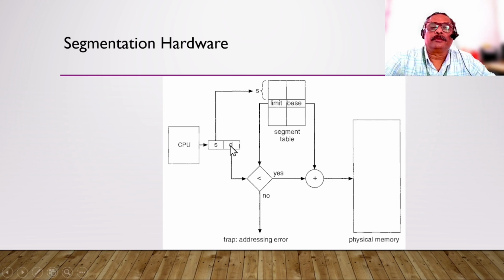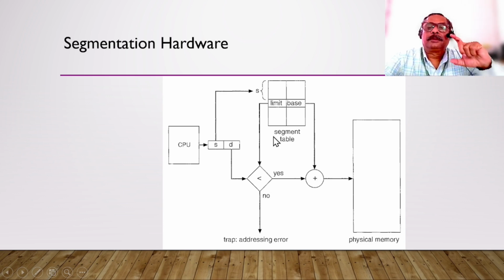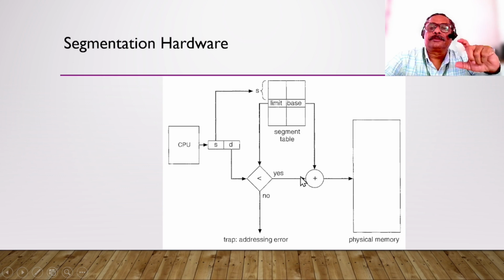First we verify whether D is less than our limit, meaning it should be within the allocated memory for that segment. If it is, we add the base to the displacement and get the actual address in the main memory.